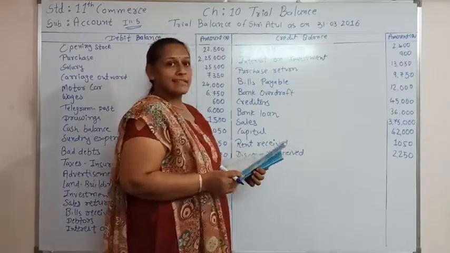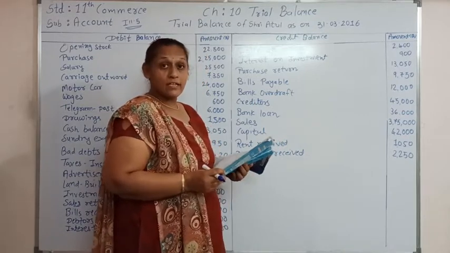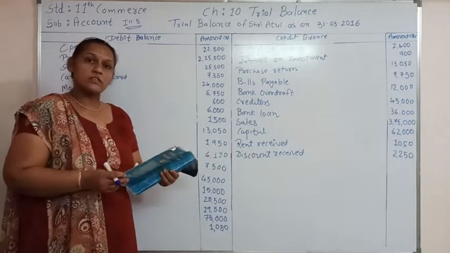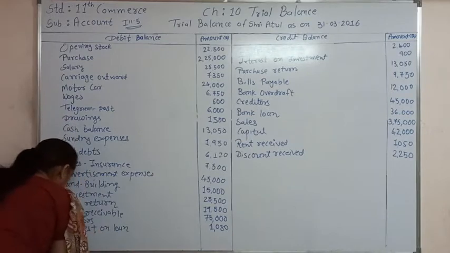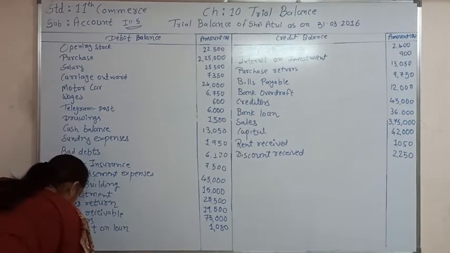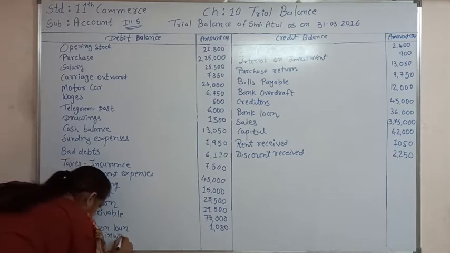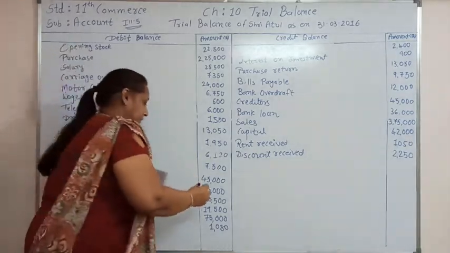After that, the last account is a carriage inward account, and carriage inward is an expense of the business, and it has a debit balance. So we will write carriage inward on the debit side. And it has the balance of 10,500.